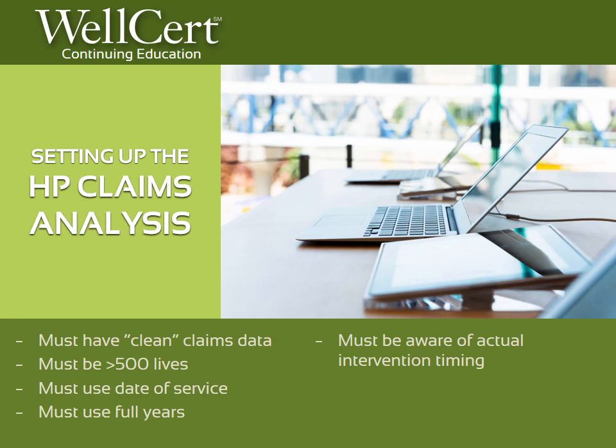So if you are going to phase in an intervention, you can't expect a large amount of effect if only half of your population actually gets some intervention during that first year. So we need to be aware of when the program actually was delivered to the people whose claims data we're looking at.